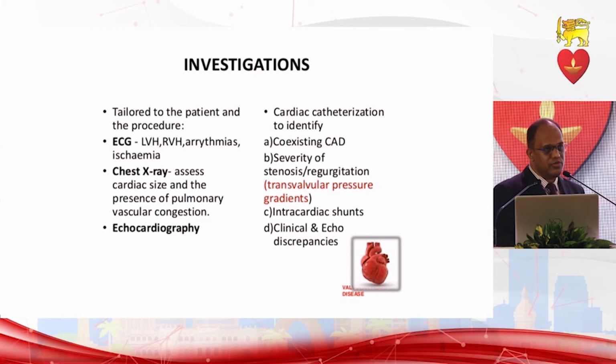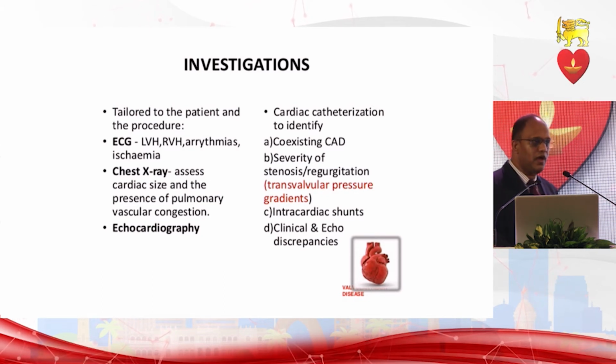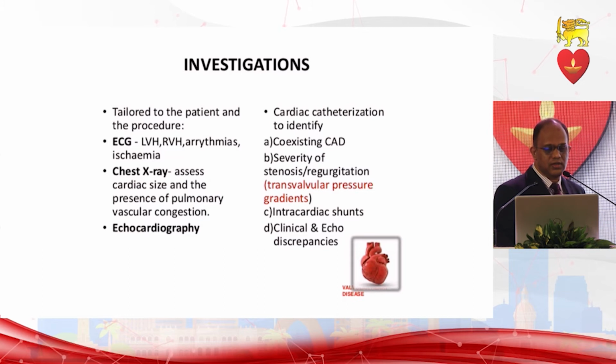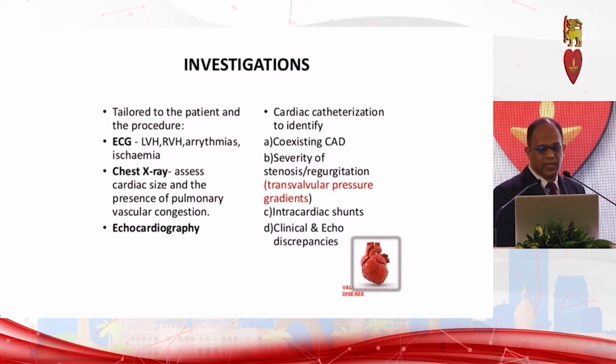The chest X-ray is a cheaper investigation that gives the size of the heart and some chamber enlargement. Echocardiography is a very useful investigation in valvular heart disease. We can identify the diseased valve, its morphology, anatomy, possible pathology, and the hemodynamic consequences of valvular stenosis or regurgitation.